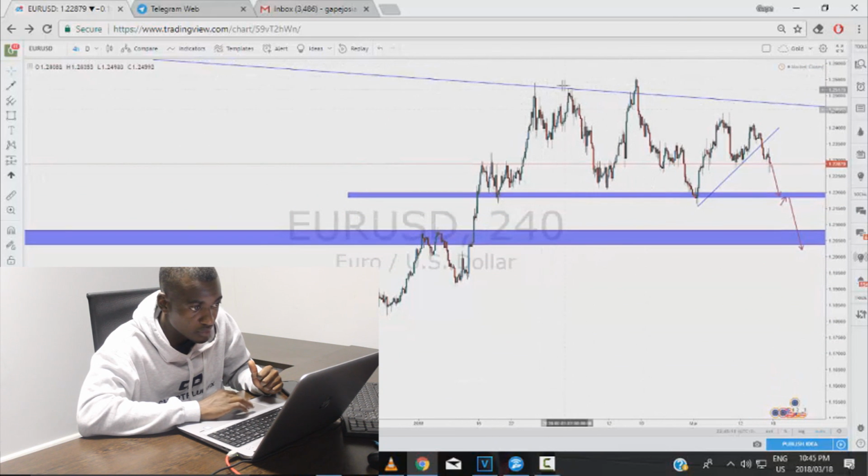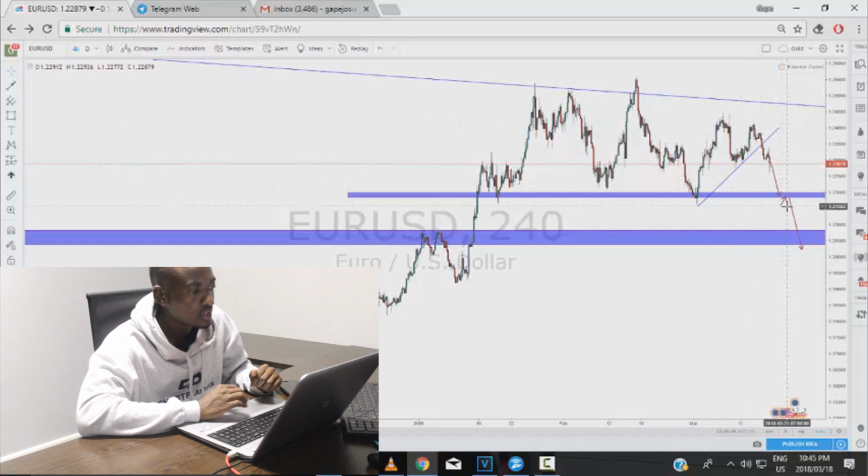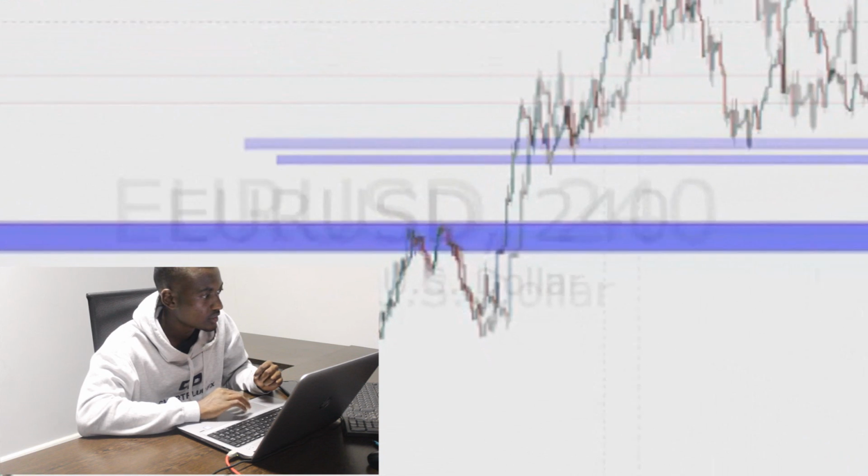For this double top right here, the neckline is just right here. Also for this double top right here, the neckline is just right here. But I'm definitely sure that price is gonna come down to this 1.22000 region right here before we consider any other alternative like longs. For now, I'm still short, going down. So I would say I still foresee dollar strength for the next coming week.